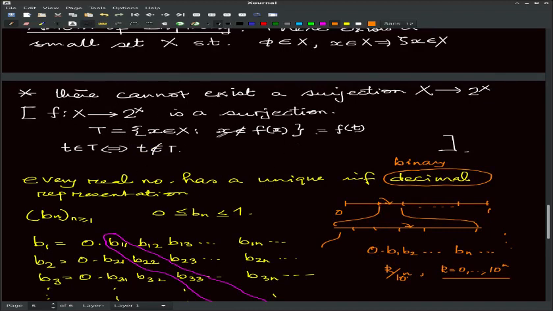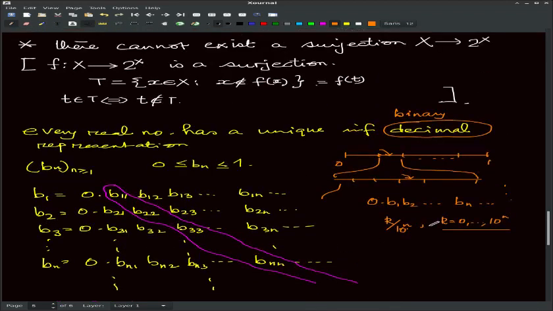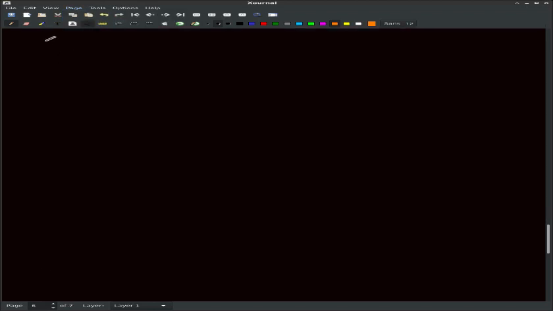Because what is 2 to the power x? It's the set of all functions from x to 2.